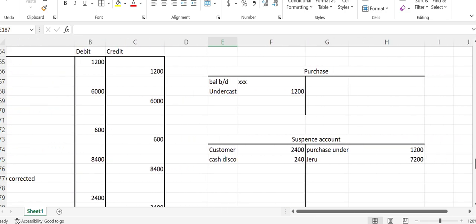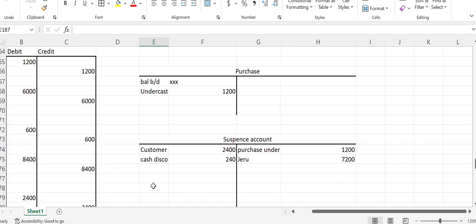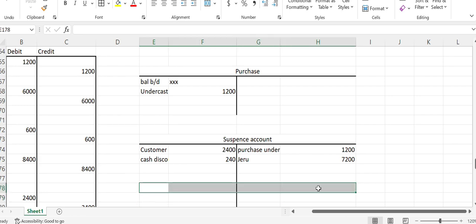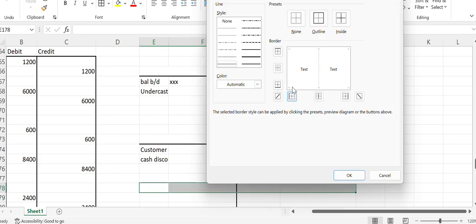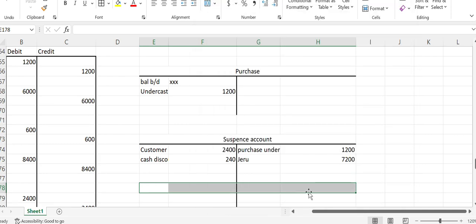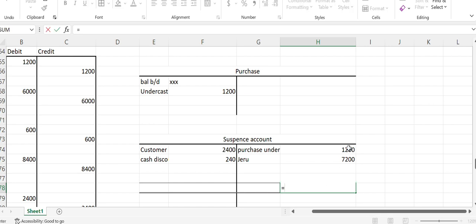And then you finish by closing the suspense account. For this one, because we didn't have the balancing figure, the purpose is to get the balancing figure. You can see this one plus that gives us 8,400.